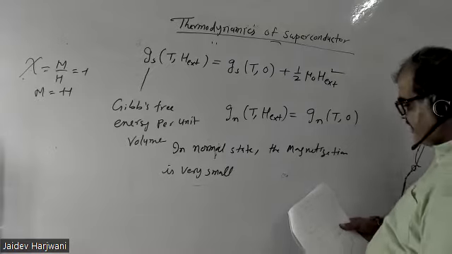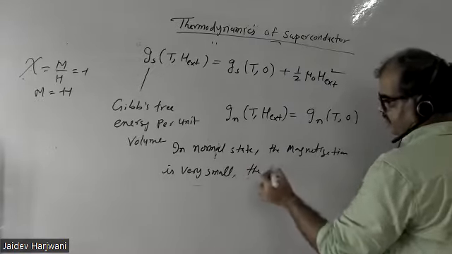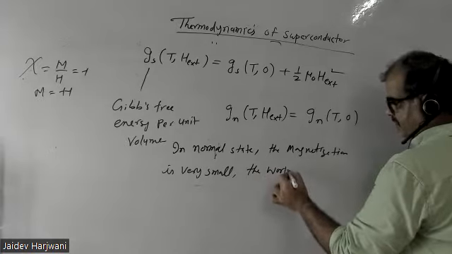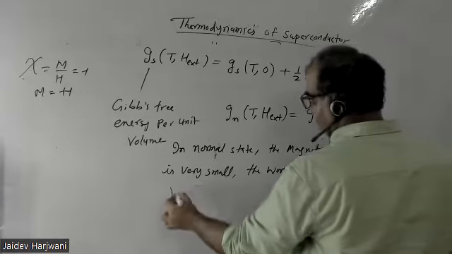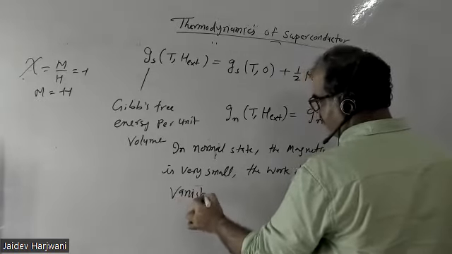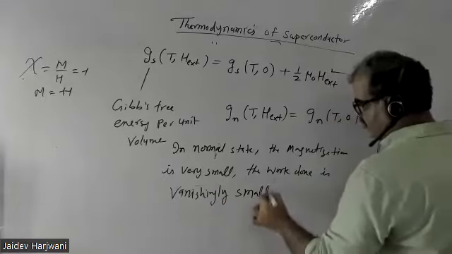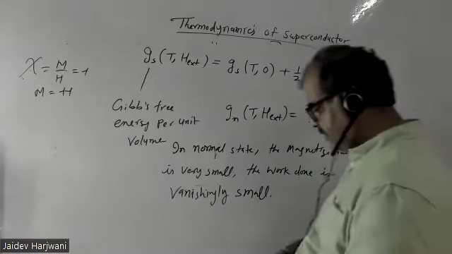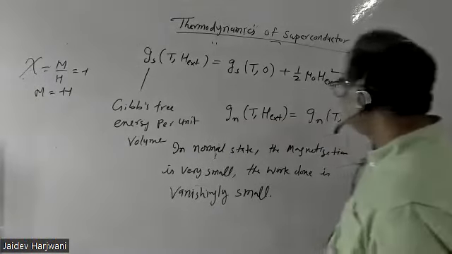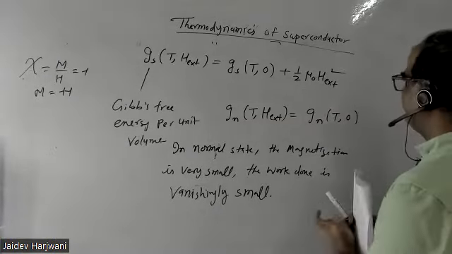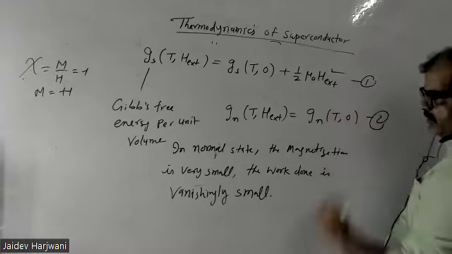That means the work done is very small, vanishingly small. So you can write this equation in this way. Say this is my equation number 1, and this is my equation number 2.